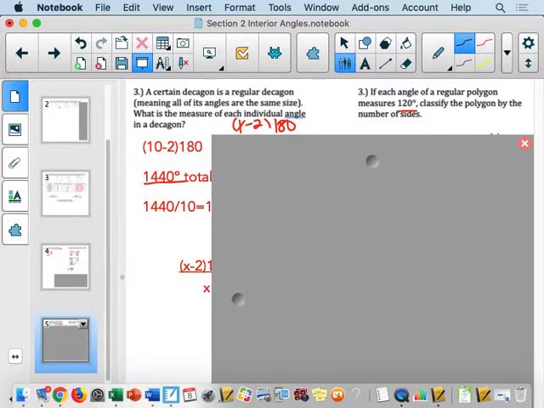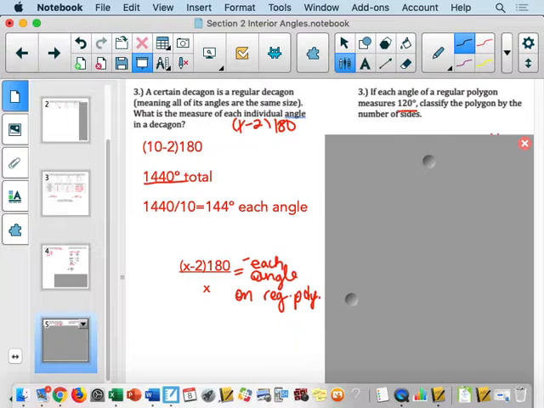Once I find that sum, 10 minus 2 times 180, or 8 times 180, you're going to get 1,440. When you know the whole shape is that, we can divide by 10. Or recall at the end of part 2 of degree discovery, we established our equation. You could simply start with this: x minus 2 times 180 divided by x.